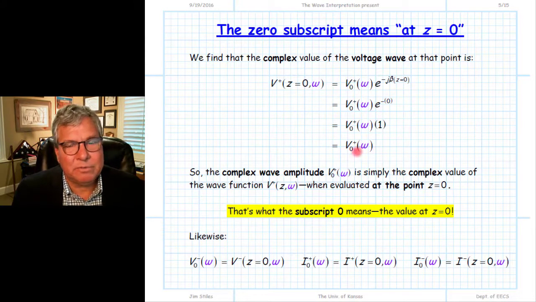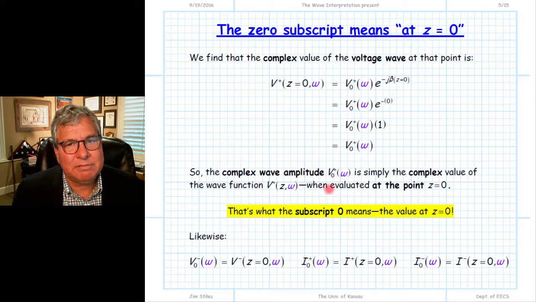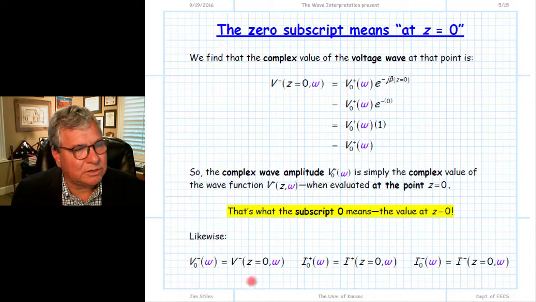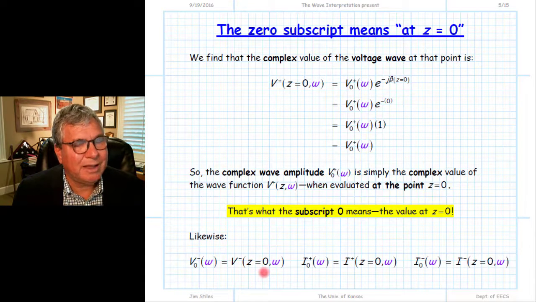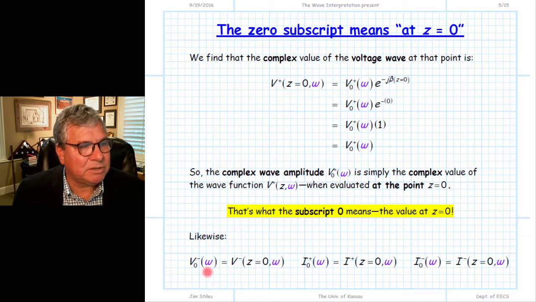Now we could go through for the other three wave functions, V minus as a function of z and I plus as a function of z, and evaluate them at z equal to 0, and we would get similar results. So V0 minus is simply the minus wave voltage when evaluated at z equal to 0. Remember, the minus wave voltage is normally a function of position z, but we evaluate at one point, and then we get a number which happens to be equal to this wave amplitude V0 minus.